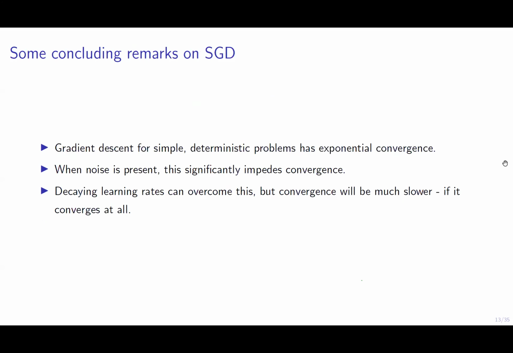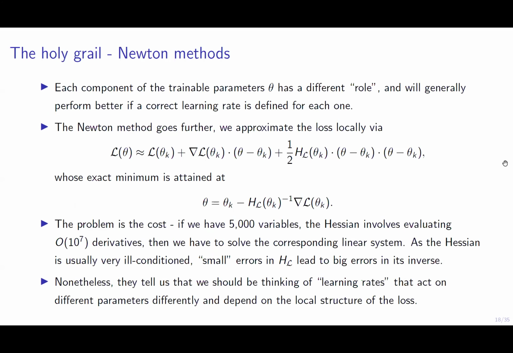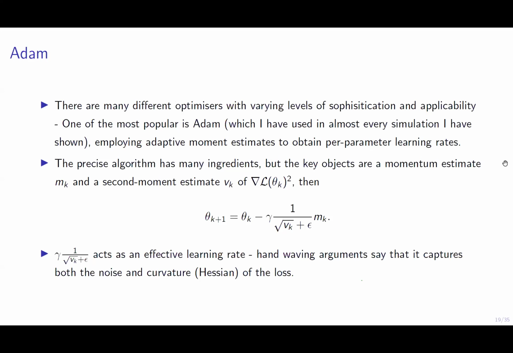But Adam is quite a bit more resistant to this, because if we look at this property here, this VK, which is an effective estimate of this quantity, its square root is of the order of the gradient of the loss itself. The momentum vector is of the order of the loss itself. So if I multiply my loss by 100, then it doesn't really change that much the rest of the optimization loop.